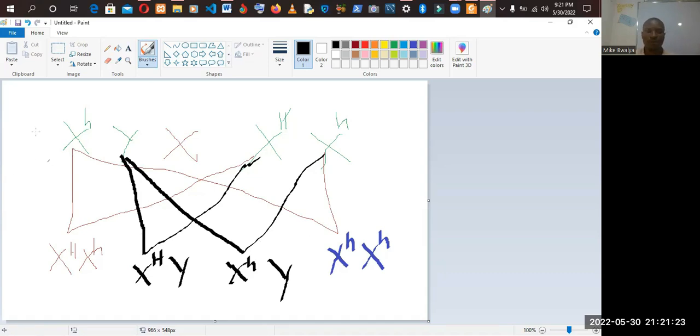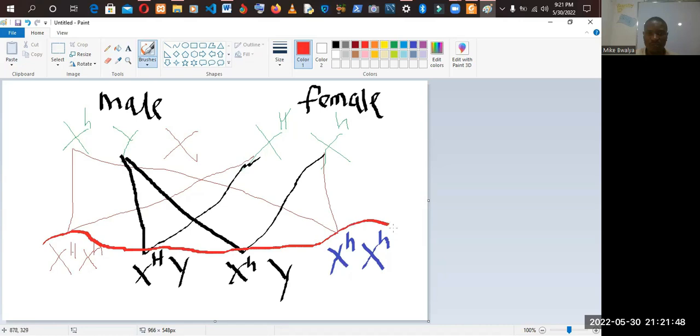Okay, so how do we interpret this one? So this was male, and then this is now female. Okay, so whatever we have gotten down here is that all these are offspring now.